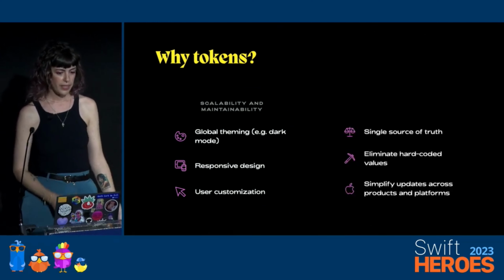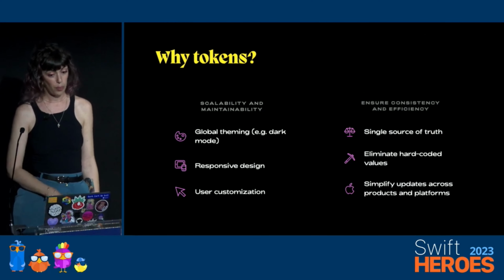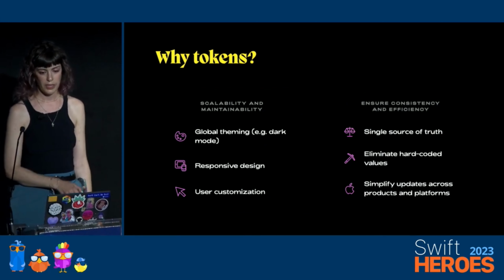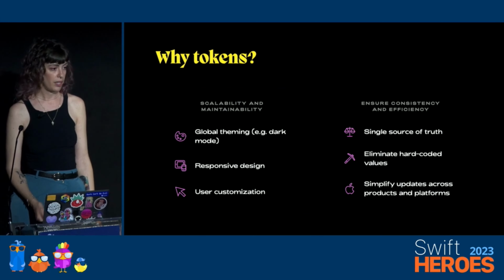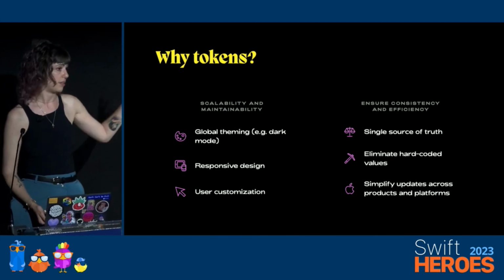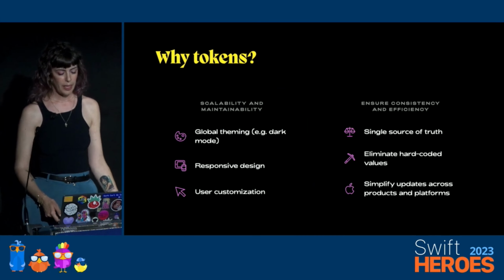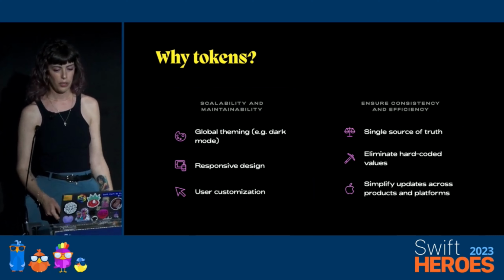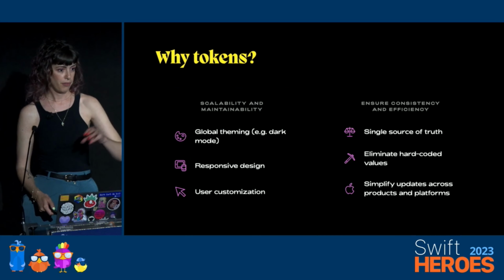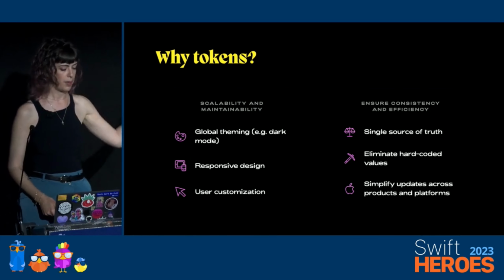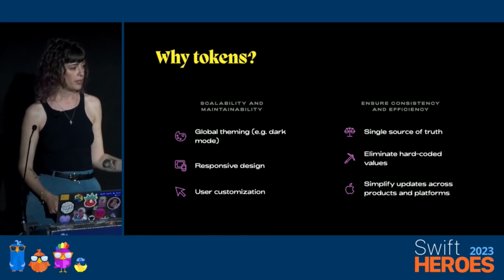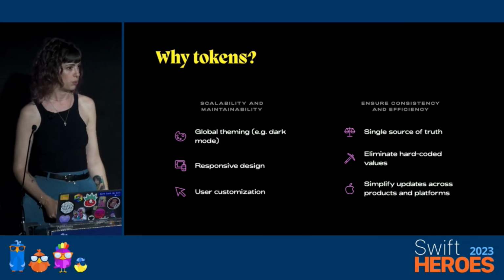They also serve as a centralized repository for design properties, ensuring that both designers and developers reference the same values for color, typography, and everything. By using design tokens, design properties can be easily applied and maintained across different platforms, from design, Figma, to iOS, Android, web, everything. And they ensure a single source of truth.